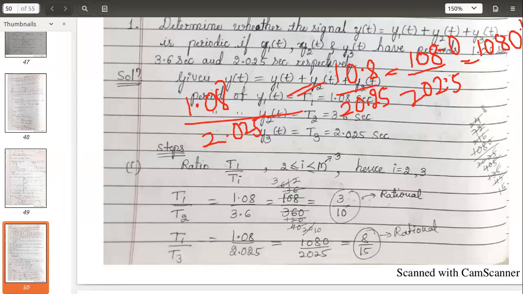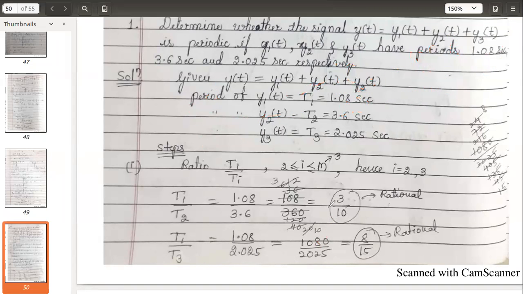Okay, I cannot write it. Divided by, the denominator is 2025, right? So what I got is 1080 divided by 2025. Again, let me just start dividing. 1080 divided by 2025.